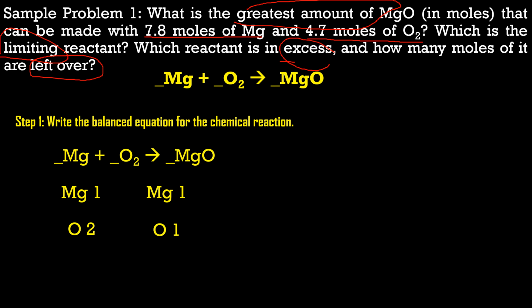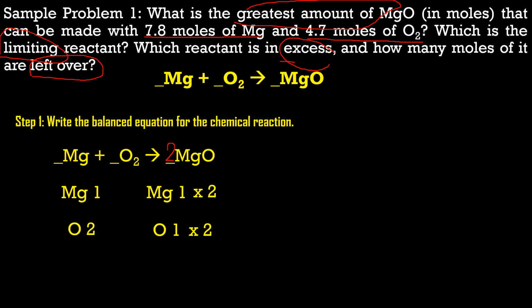So, under the magnesium oxide, we will now put 2 as its coefficient. So, we have magnesium 1 times 2 and oxygen 1 times 2. So the amount of oxygen in the reactant side and in the product side will be balanced already. How about in the magnesium side? For the magnesium, under the product, we have 2, while under the reactant, we have 1.